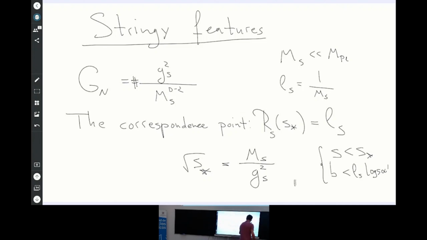This we can call a stringy gravity. Because the expectation is that in this regime, string effects become very important, and we have to consider them.